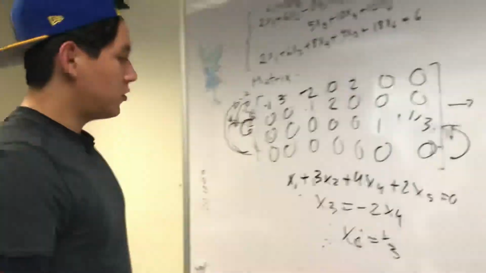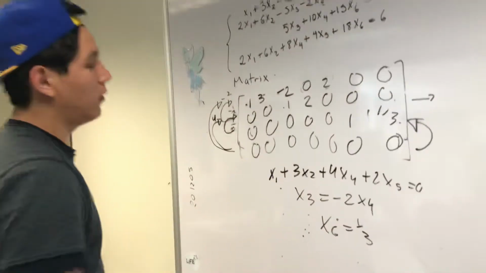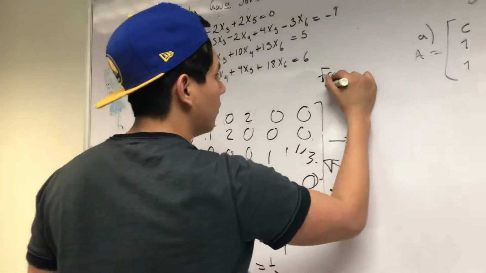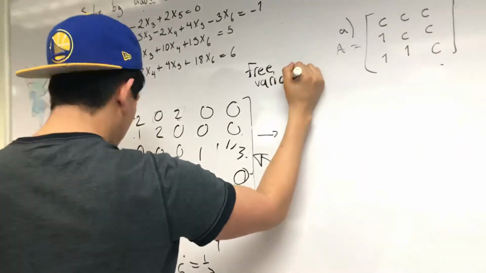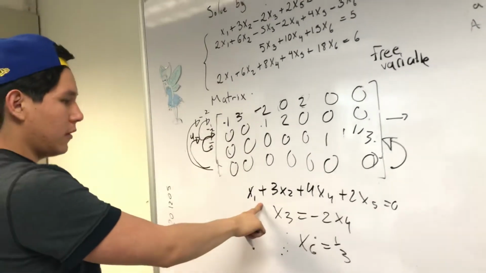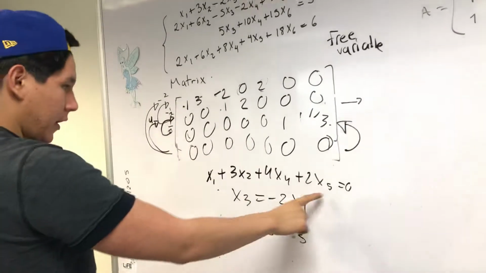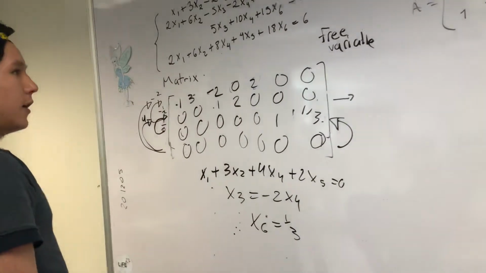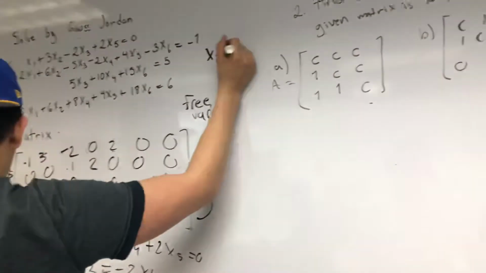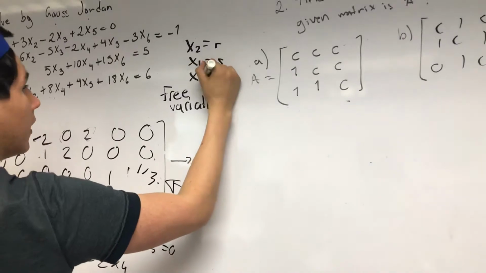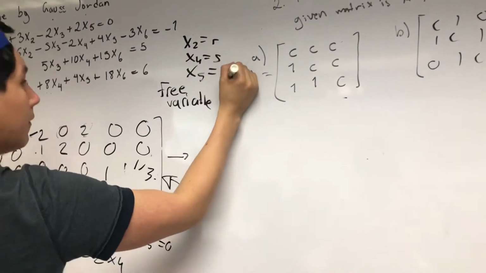Once we have our solution, we have to identify our free variables. So our free variables will be x2, x4, and x5. We can say that x2 is r, x4 is s, and x5 is t.